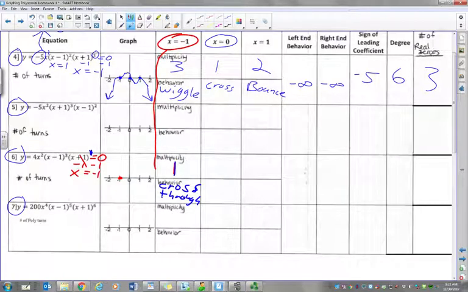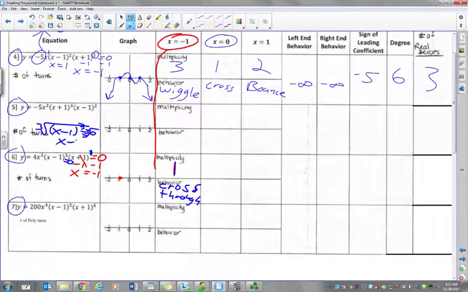Okay, so then we have x minus 1 to the third power. And so x minus 1 to the third power, we're going to set that equal to 0. And so when you take x minus 1 to the third power, set it equal to 0, technically, you're supposed to cube root both sides, right?